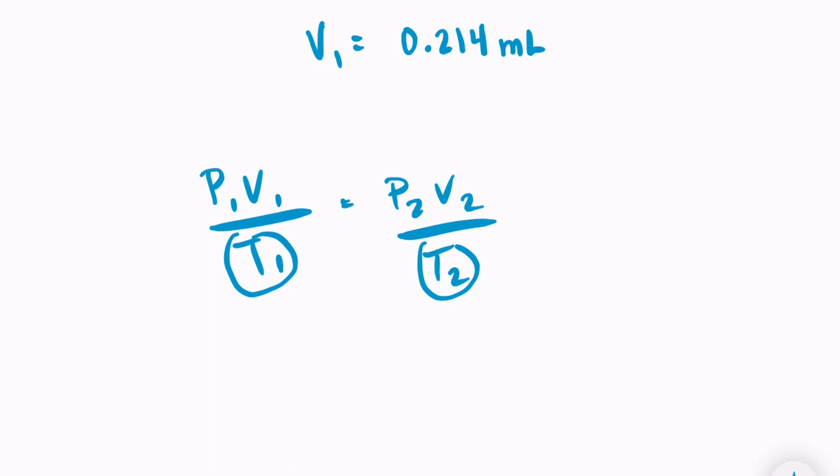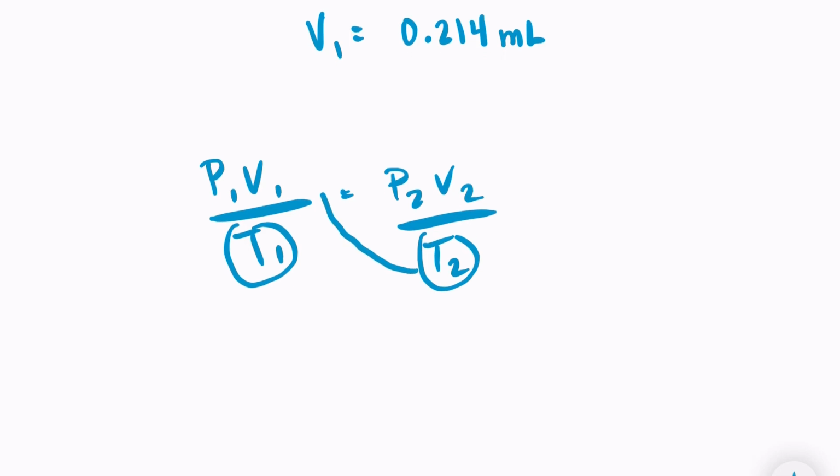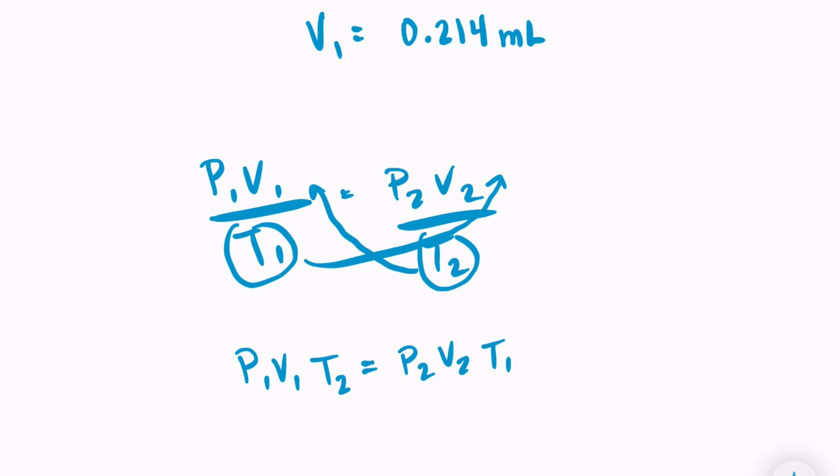If you don't like having a quotient, what you can do is multiply your T's to the other side to get rid of that fraction. So you could also write your law as P1 V1 times T2 equals P2 V2 times T1, if that helps you when you're solving for any of these variables.